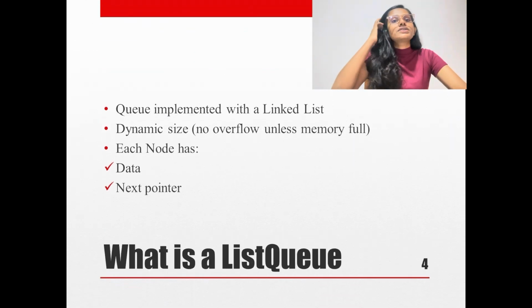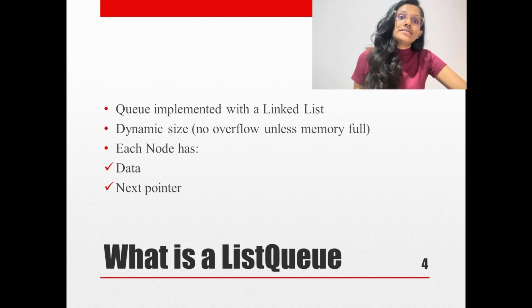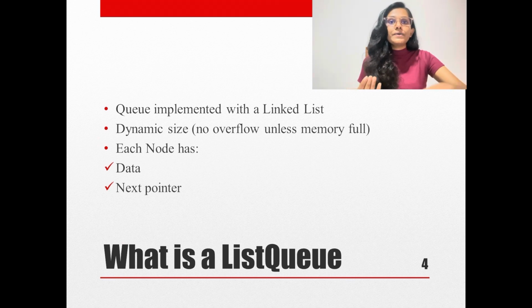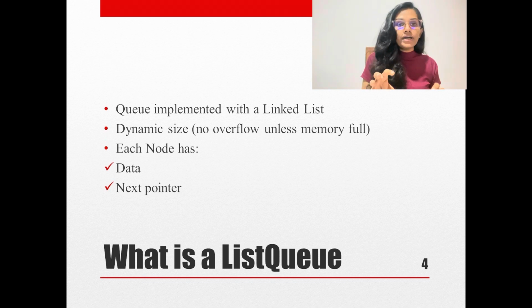So let's come to the main point: what is a ListQueue? A ListQueue is simply a queue implemented using a linked list. Each element in this queue is a node that consists of two parts. The two main parts are data and the next pointer.